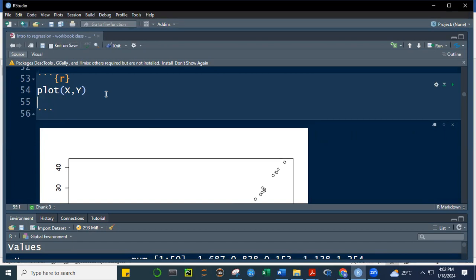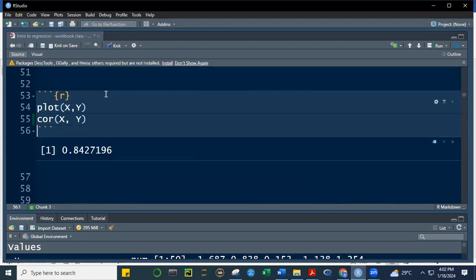So if we get, class, the correlation ng ni x at saka ni y, okay, it's 0.84. Mataas naman, class, yung correlation. Unfortunately, yung correlation yan, yung shape niya, hindi naman siya mukhang linear, no? It looks more quadratic than linear.